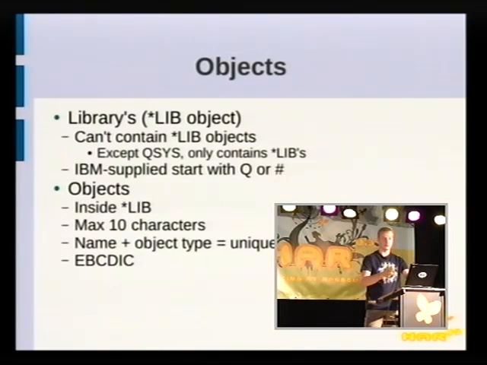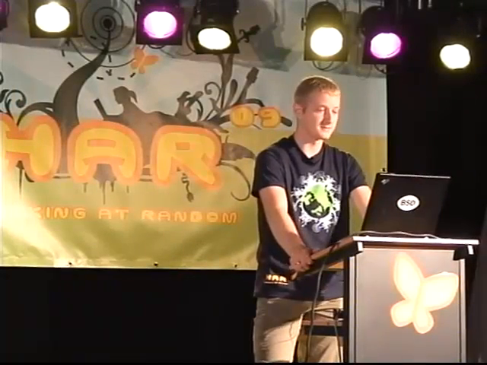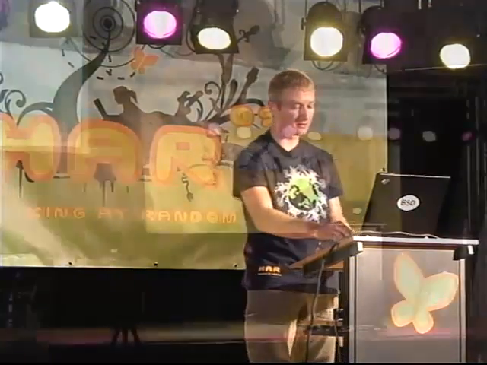So you only have on the file system one level of hierarchy. Yeah, the IBM supplied libraries start with Q or a cross. And objects have a name of maximum 10 characters and are uniquely defined by name and type. And it's an EBCDIC system, so if you take data from it, you have to convert it to ASCII.